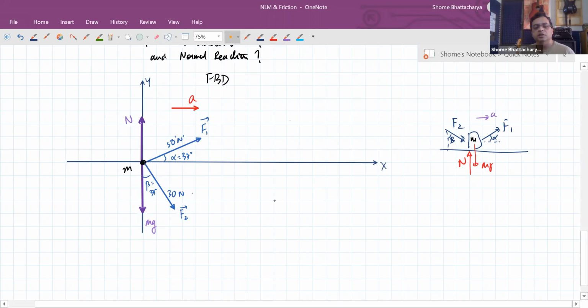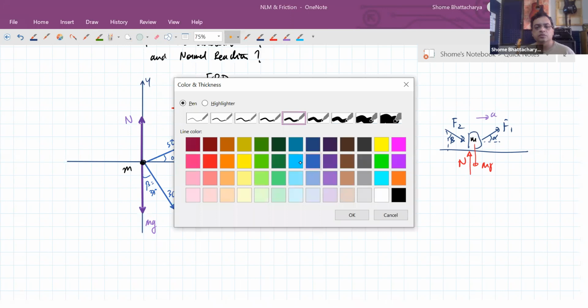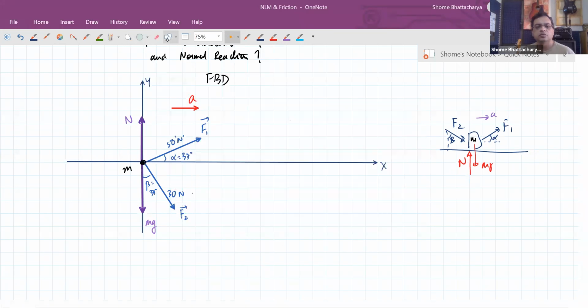Okay. Next, what we want to do is resolve the forces. So we will resolve these two forces to begin with, F1 and F2. F1's component along the x-axis and F1's component along the y-axis will become F1 cos alpha, and this one will become F1 sin alpha.